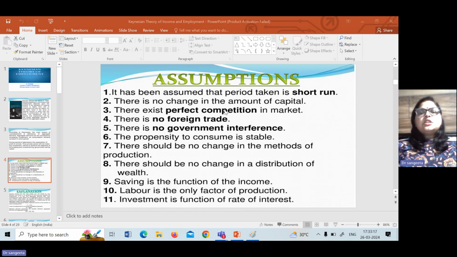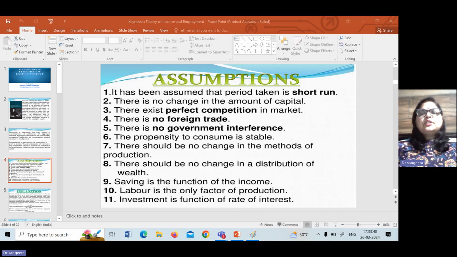There is no change in the amount of capital, which will stand constant, and there exists perfect competition in the market. Perfect competition in the market means competition for all the factors of production: finance, labor, entrepreneur skills, wages, rent.